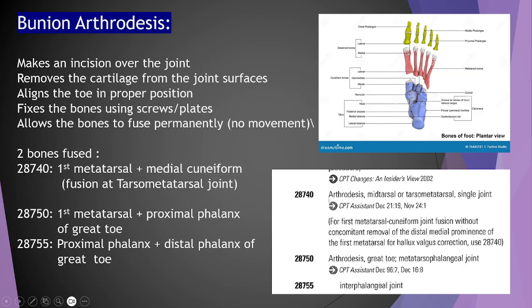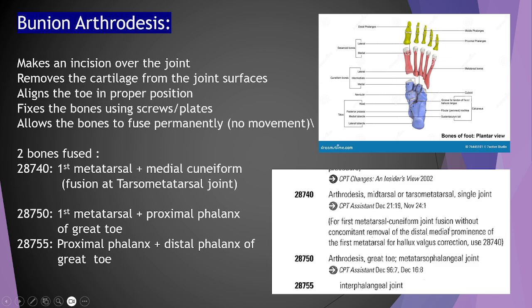So which two bones are fused? In 28740, the first metatarsal and the medial cuneiform are fused, fusion at the tarsometatarsal joint. So arthrodesis, metatarsal or tarsometatarsal single joint. Here the metatarsal and cuneiform joint has been fused.